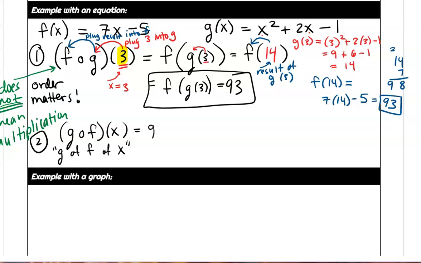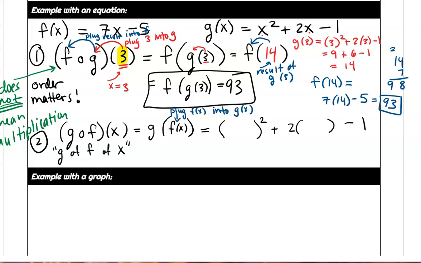So it means take your f of x equation and literally plug it into g. We're going to plug f of x into g, and it goes wherever the x used to be in the g of x equation. The g of x equation says to take x and square it, then add 2 times that same x, and then subtract 1.